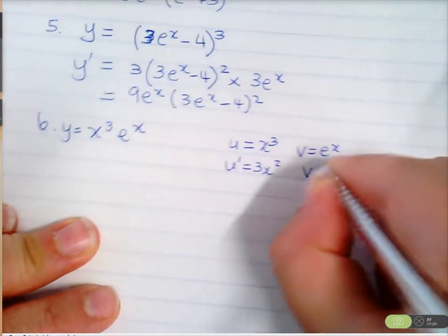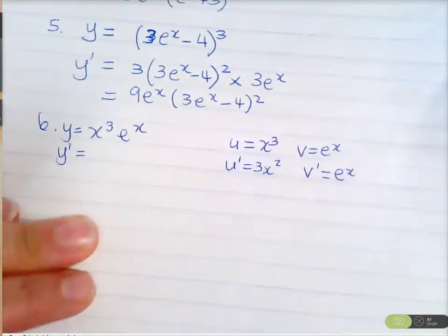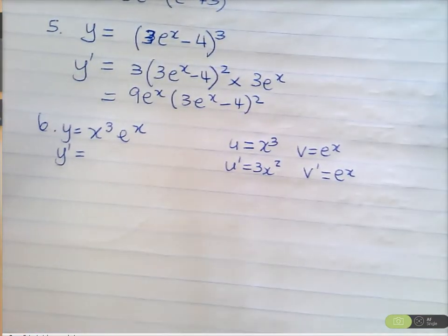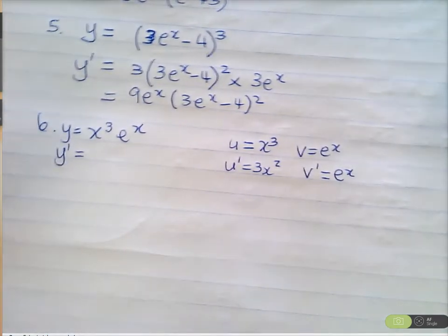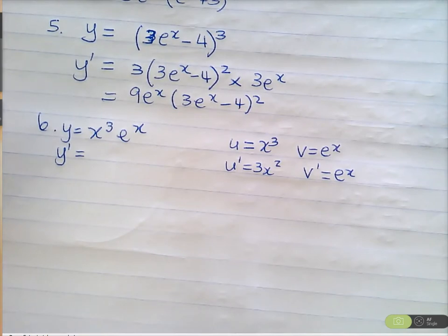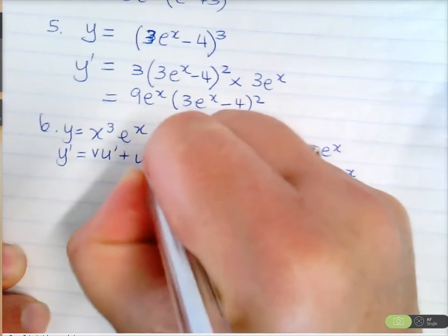So what's u dash? And v dash? E to the x. So y dash is, look, you can do vu dash plus uv dash, or uv dash plus vu dash. It doesn't matter. Who does uv dash plus vu dash? Who does vu dash plus uv dash? Same. I don't mind. I think we've got more people doing vu dash plus uv dash.